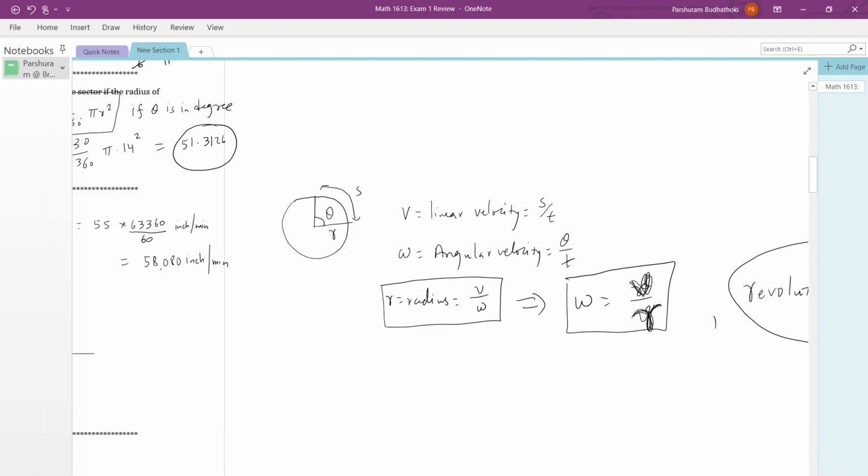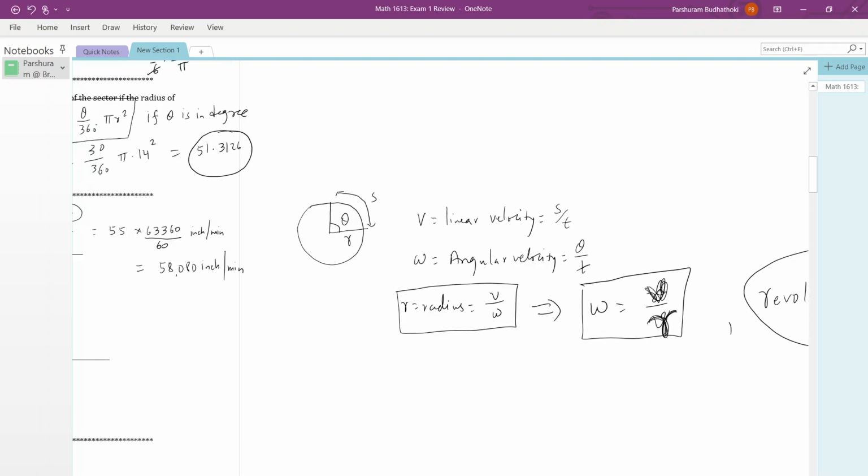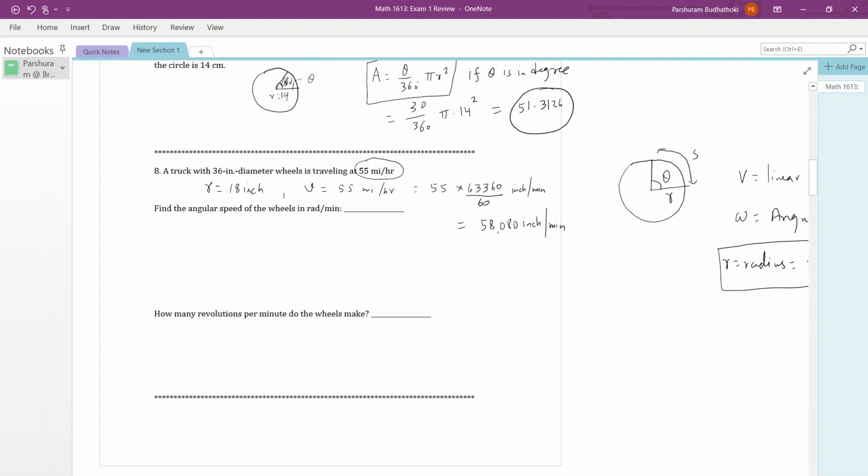So if I use that formula here, angular velocity is the linear velocity, 58,080, divided by the radius, which is 18. It gives me 3,226.667, and that's in radians per minute. So that's the answer for the first part.